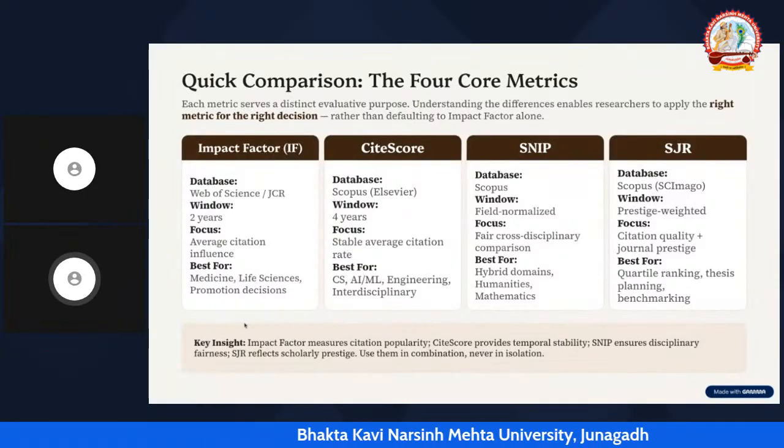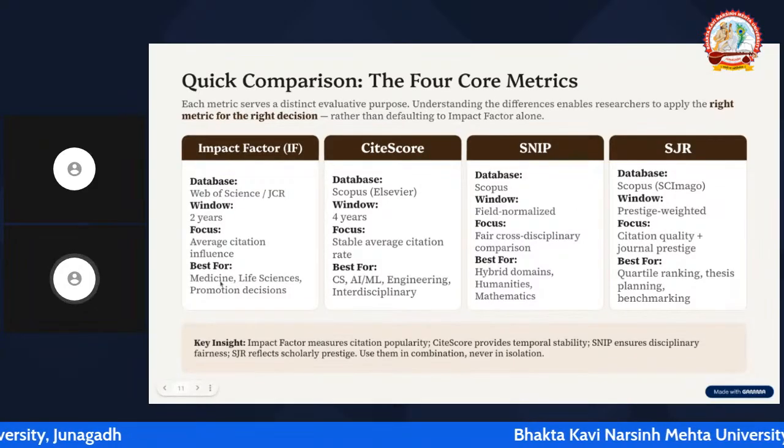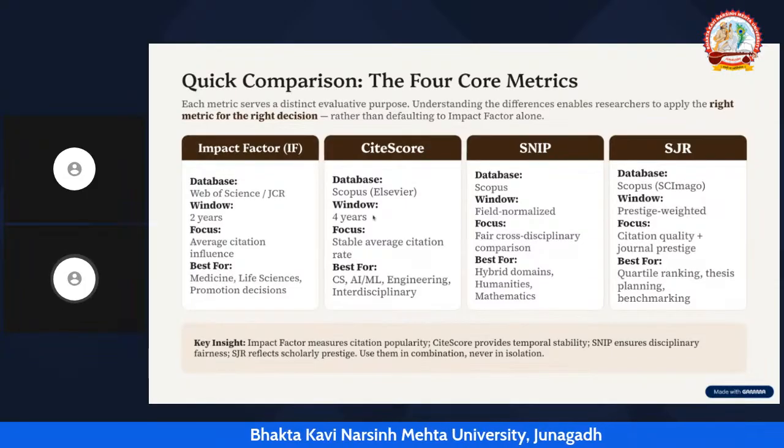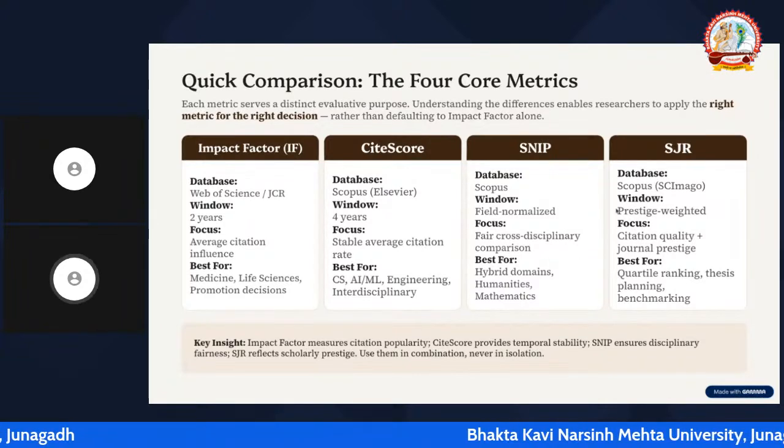So we have a comparison: impact factor, CiteScore, SNIP, and SJR. Impact factor generally uses a window of 2 years. CiteScore uses a window of 4 years. SNIP is particular for field normalization, while SJR is used for precise weightage.